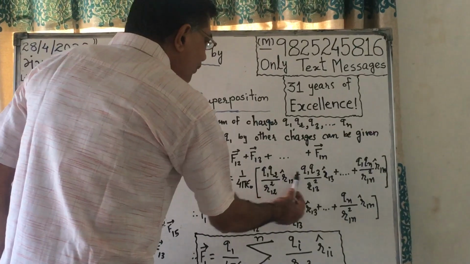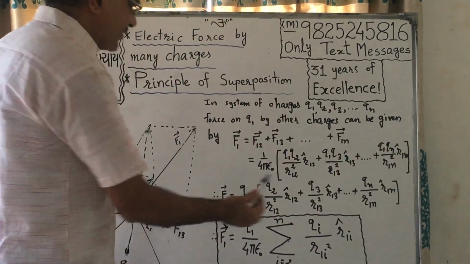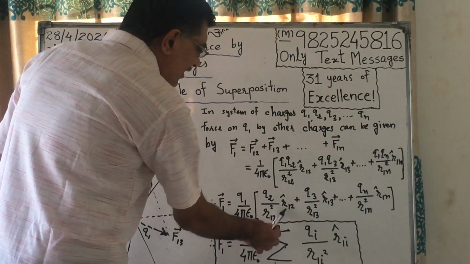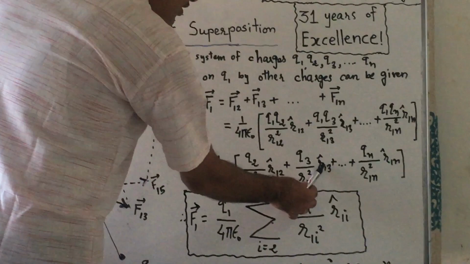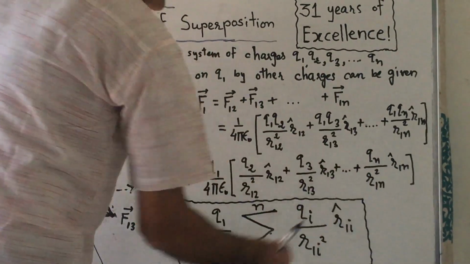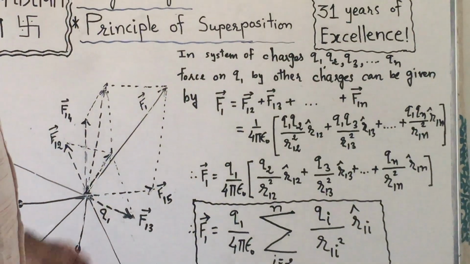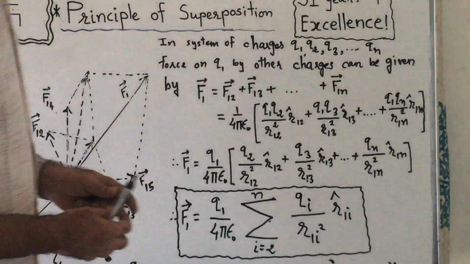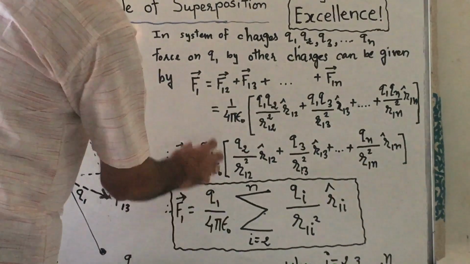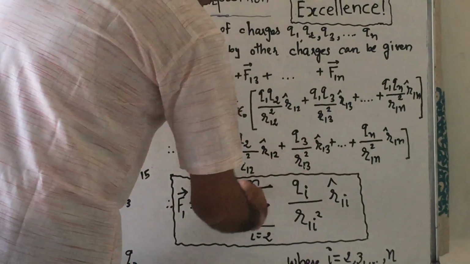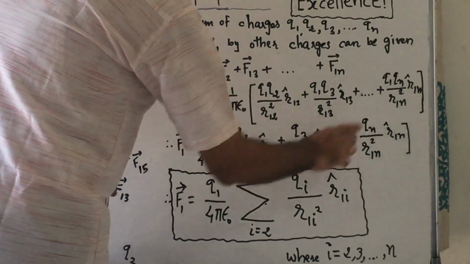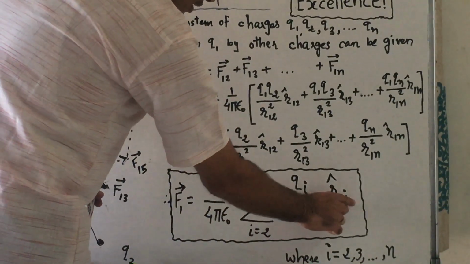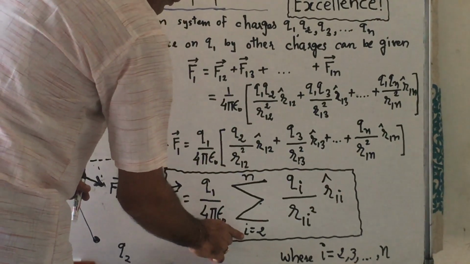Now see, here Q1 is common in all terms. So taking it out, we get Q1 by 4 pi epsilon naught times Q2 upon R12 square R12 cap plus Q3 upon R13 square R13 cap plus up to Qn upon R1n square R1n cap. There are so many terms, so this can be written in the form of sigma: Q1 upon 4 pi epsilon naught, sigma of Qi upon R1i whole square into R1i cap, where i goes from 2 to n.